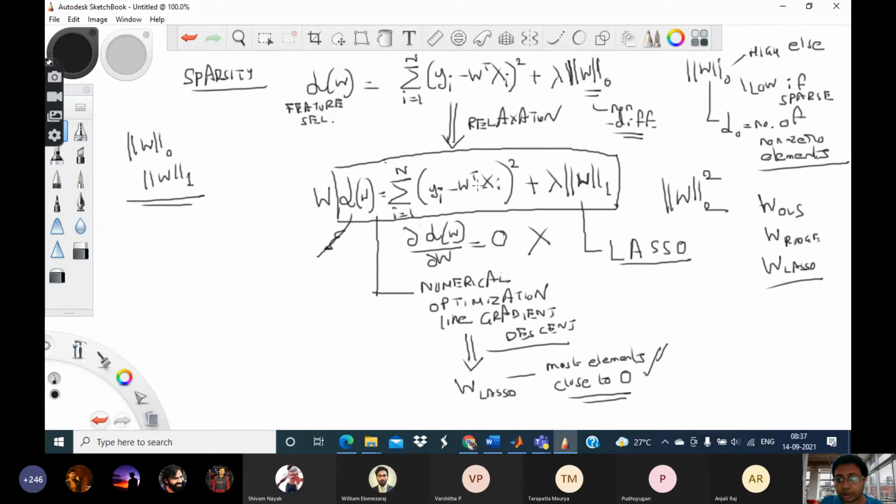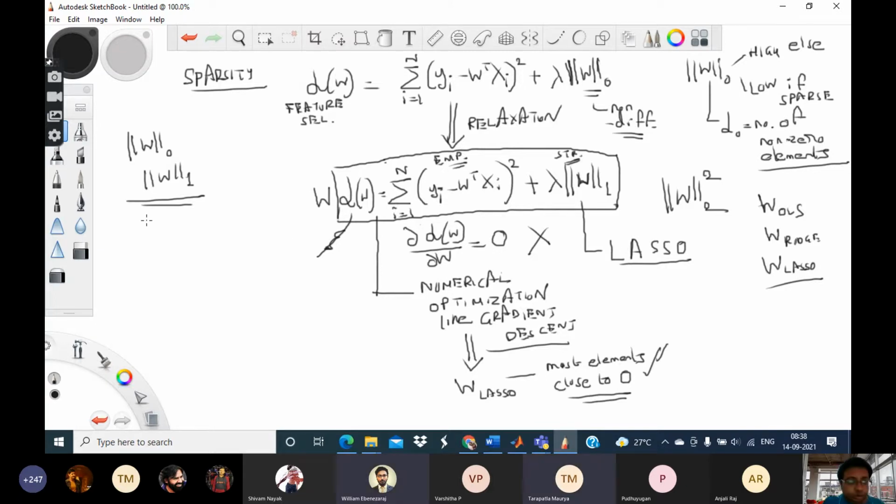Here this is your empirical loss, which quantifies how well you are able to fit the data, and this is the structural loss, which indicates how suitable the W is for your application. Once again, this lambda is a user tunable parameter which you will choose based on their relative importance. So, W OLS, W ridge and W lasso.